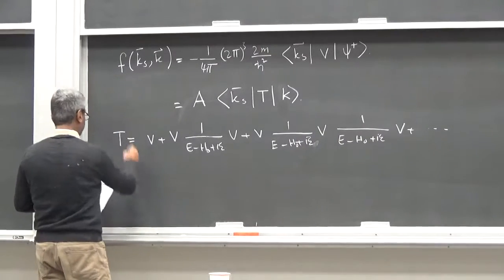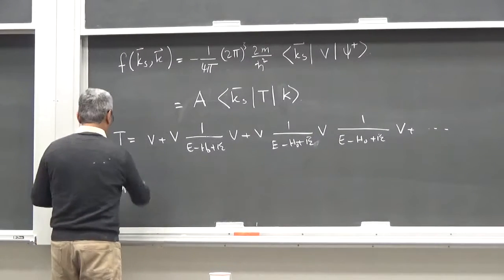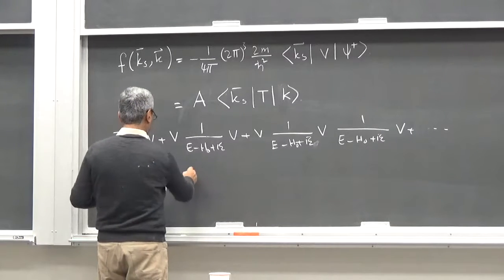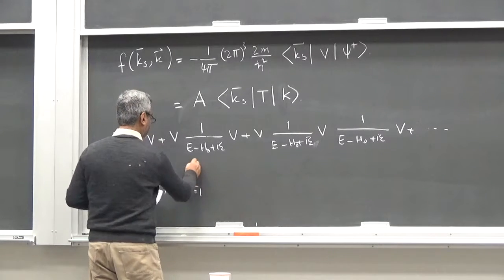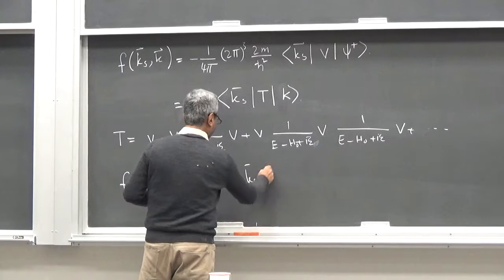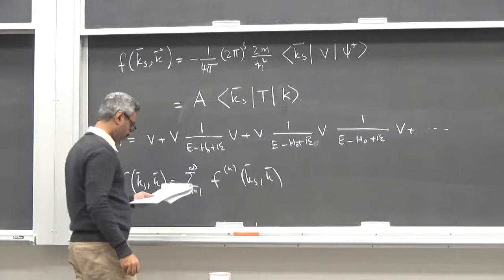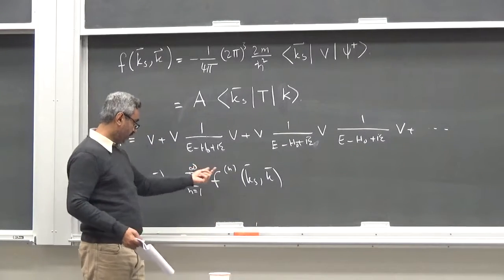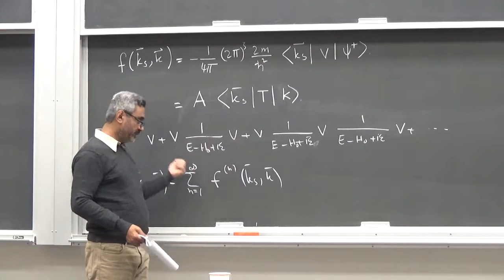So I can write f like this, f of ks k. This is the sum over n equal to 1 to infinity of f n ks k, where this n means the term that has n number of v's in it.